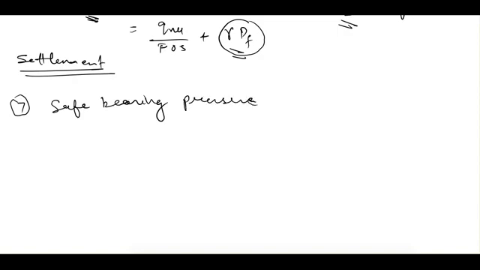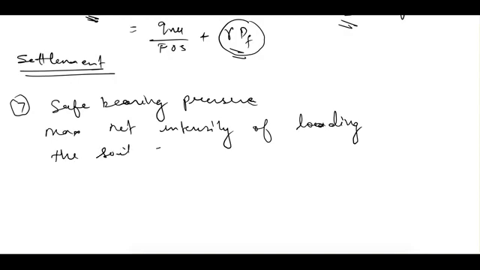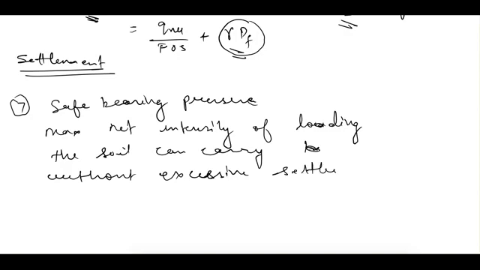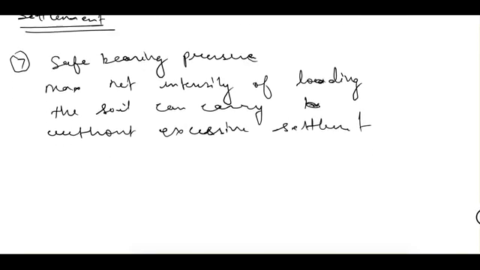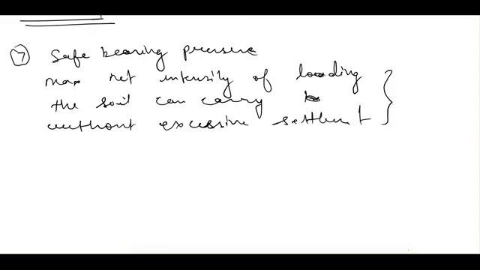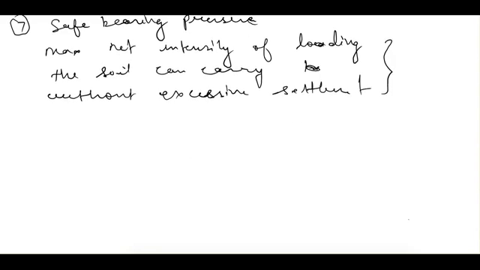The safe bearing pressure is the maximum net intensity of loading the soil can carry without excessive settlement. So this defines our settlement limit.